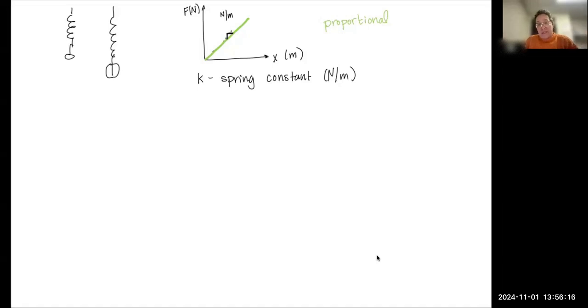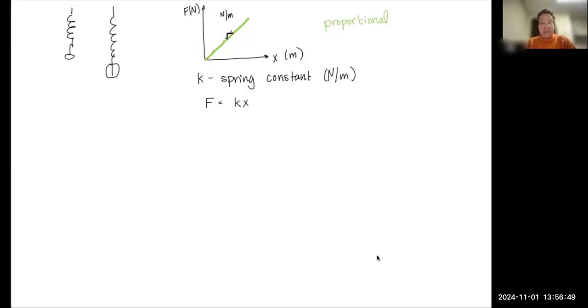What's really cool about this is that it also suggests that the relationship between the extension of a spring and the force applied to that spring is pretty straightforward. Because just as we know that a proportional pattern is y equals mx, we know that this force, what we have on the y-axis, is equal to that spring constant times x, the extension.